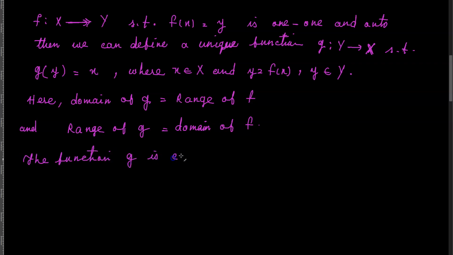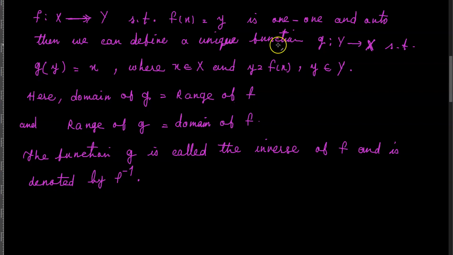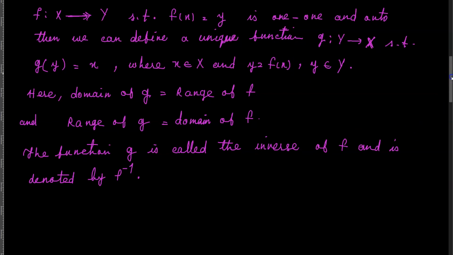the function g is called the inverse of f, and is denoted by f inverse. Further, g is also 1-1 and onto. Well, of course, if f is 1-1 and onto, and if g is the inverse of f, then of course g is going to be 1-1 and onto as well.